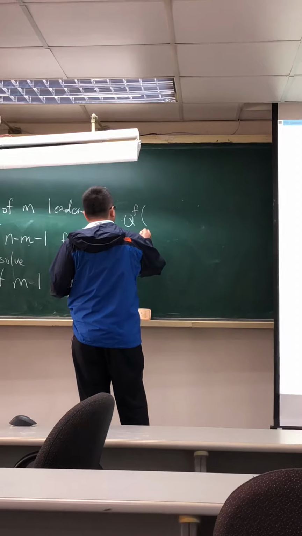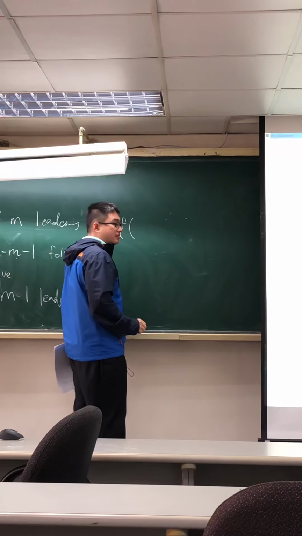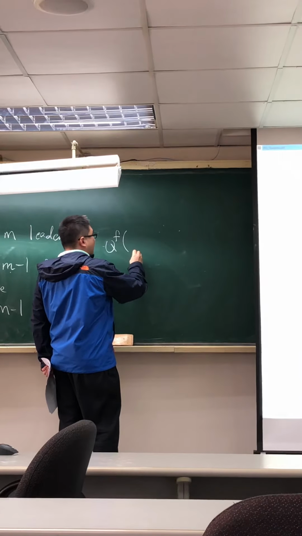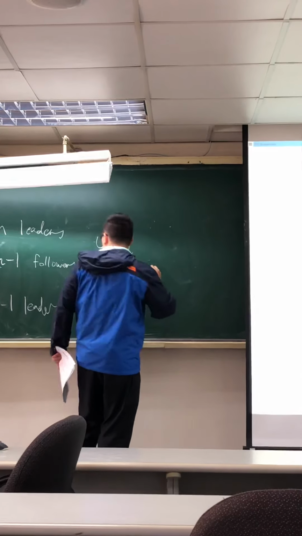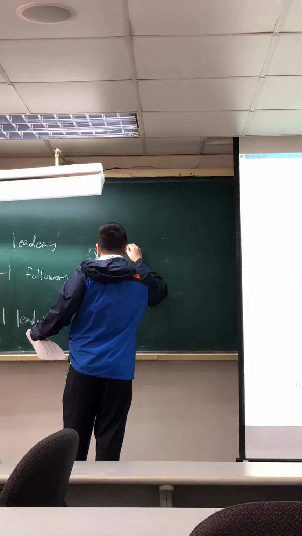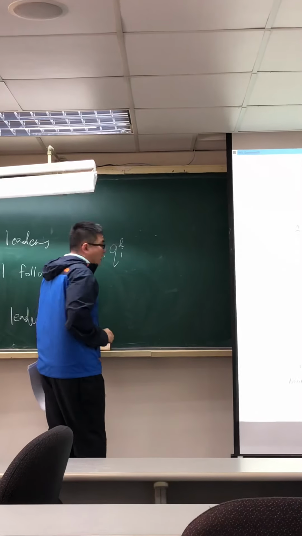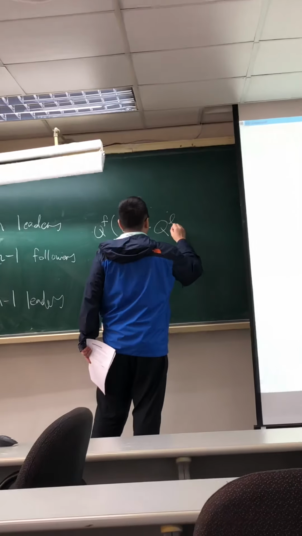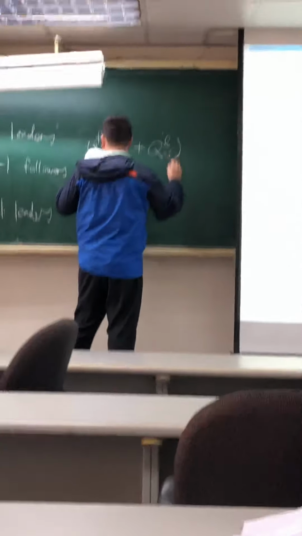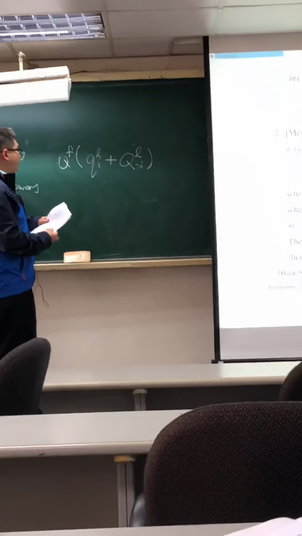But the follower's output would be decided by observing the output of this leading firm QIL plus the output of all other leaders. Now here's the tricky thing.